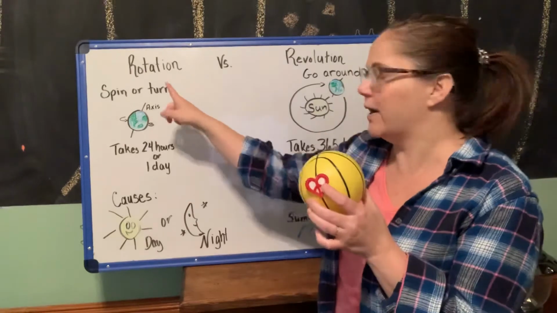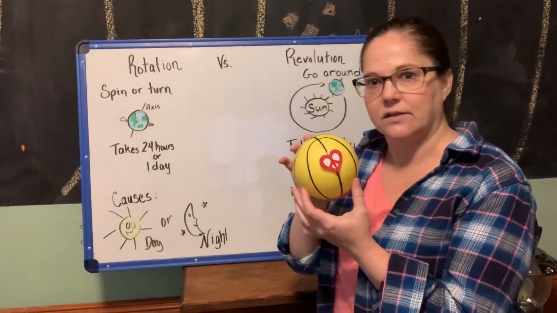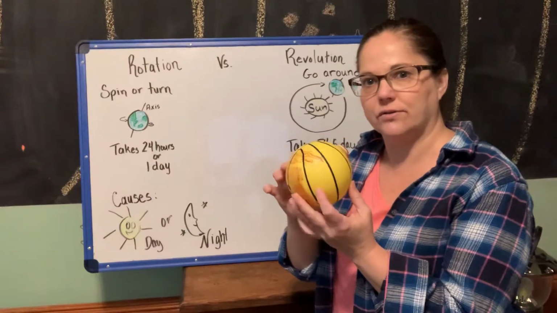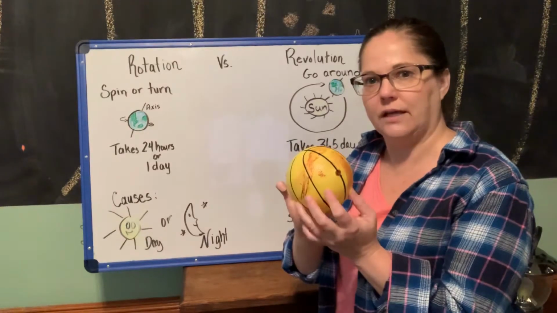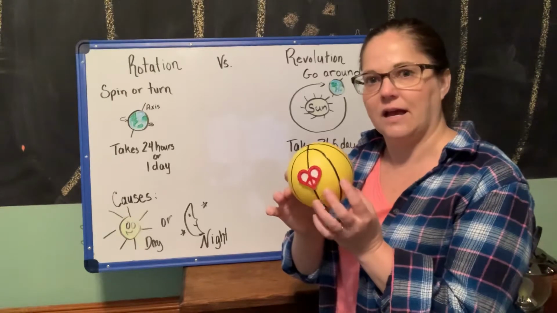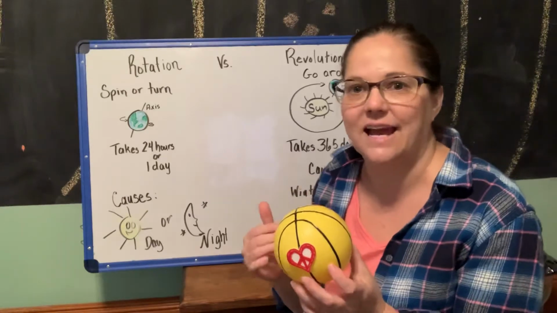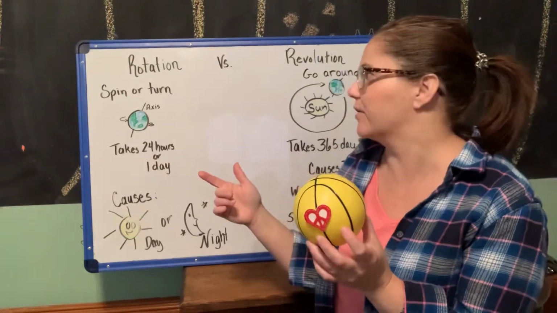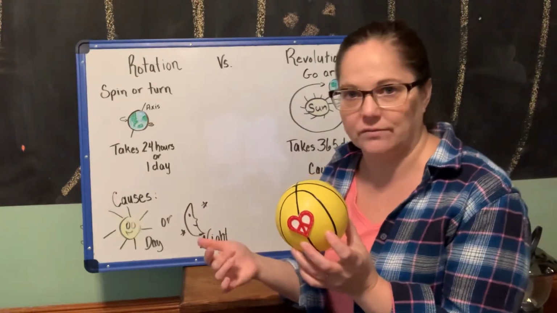And when it rotates, it turns slowly, slowly, slowly around. That's what causes day and night for us. It takes 24 hours for the Earth to make a complete rotation.